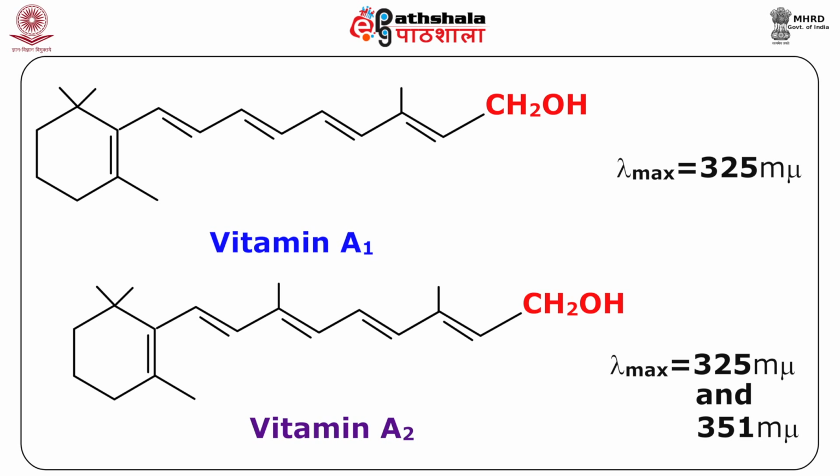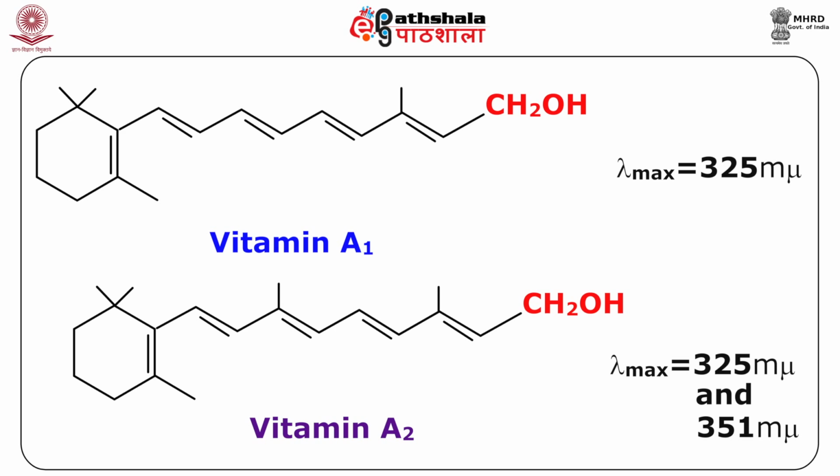Thus, by comparing the intensities of the solution of these two vitamins with the intensities of the known solution of these two, we can calculate the concentration of vitamin A and vitamin A2 separately.